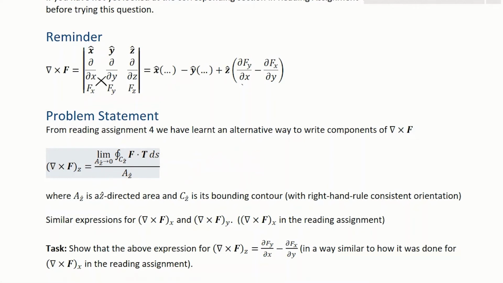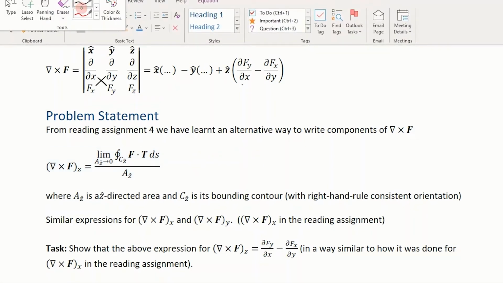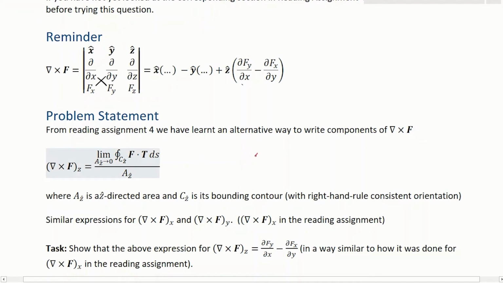You have an area. Let's say it's just a square. It's z directed, that's why I'm calling it az hat. So the normal vector of this area is directed in the z hat direction.